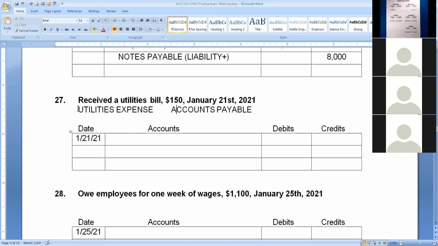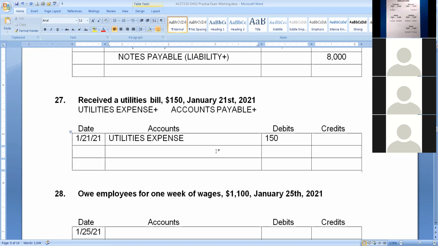That's exactly right. Good news is, this is going up. So is this. Expenses are always debits. Increasing. Yep. They're always increasing, so they'll always be debits, unless there's an error or something. So utility expense, they're always debits.